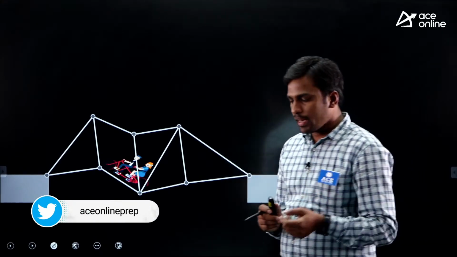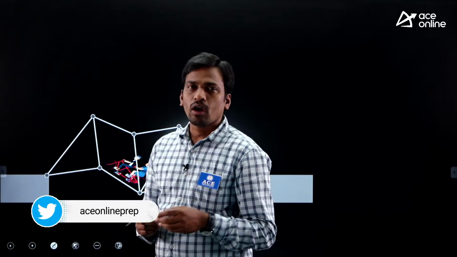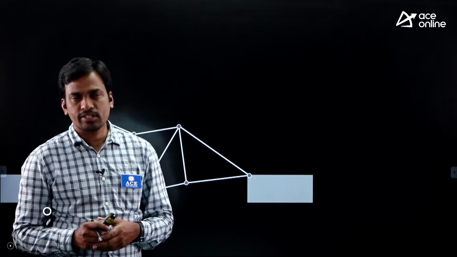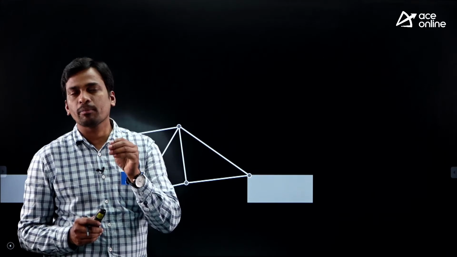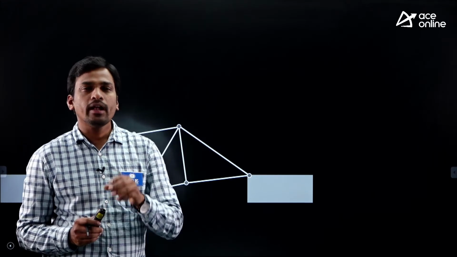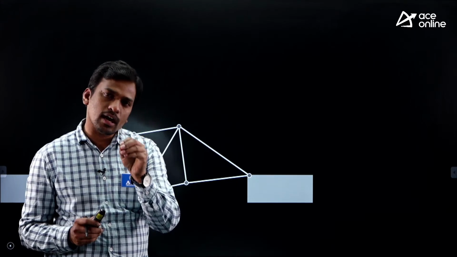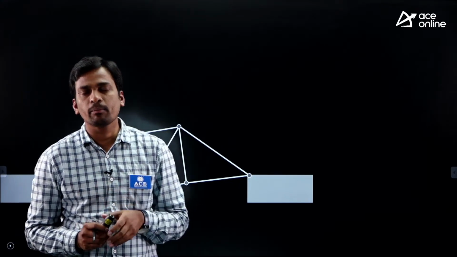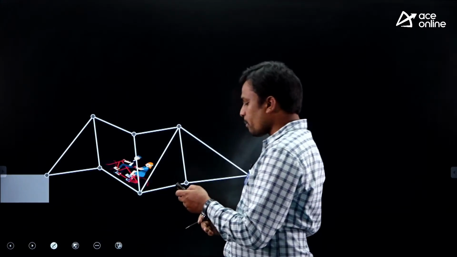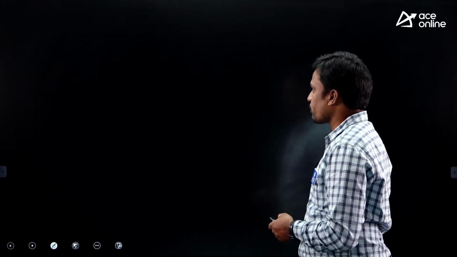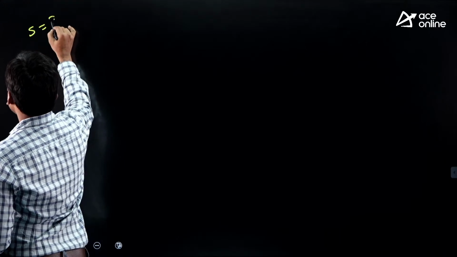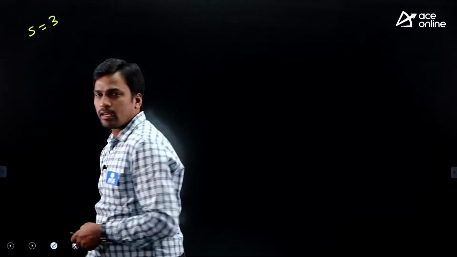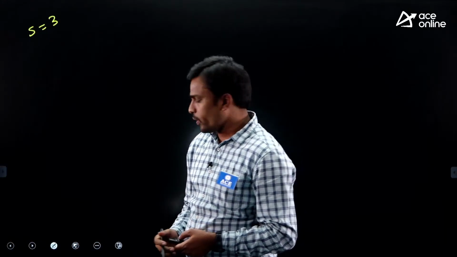Before starting analysis, I want to tell you the number of equilibrium equations. Students, for a pin jointed plane frame, the number of equilibrium equations is always 3. I am giving the notation S to represent the number of equilibrium equations.